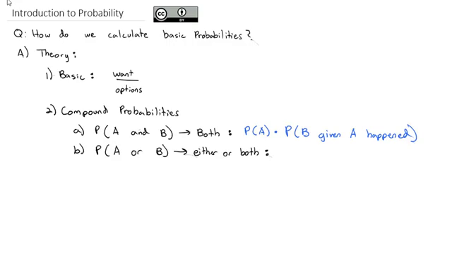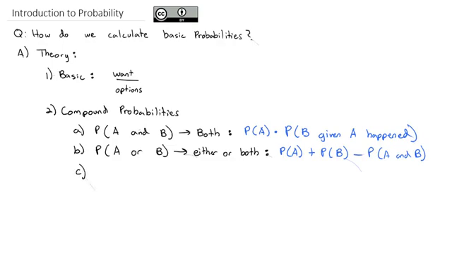It doesn't really matter. And the way we calculate an or probability is we take the probability of the first one and add the probability of the second one. But unfortunately, that sometimes means the 2 overlap. And so we'll subtract the probability of A and B, so we don't double count.